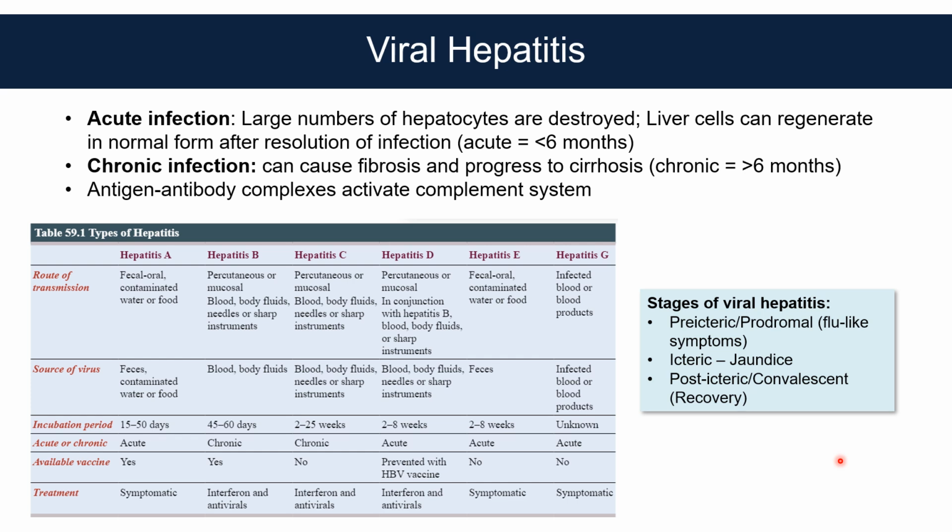This table 59.1 shows the types of hepatitis. It's from your textbook, so you can read through that. What you want to pay attention to is how the virus is transmitted, whether we have a vaccine, and then the education that we want to tell our patients.